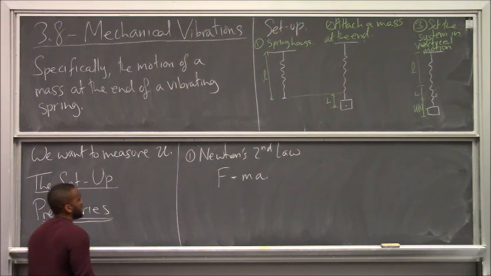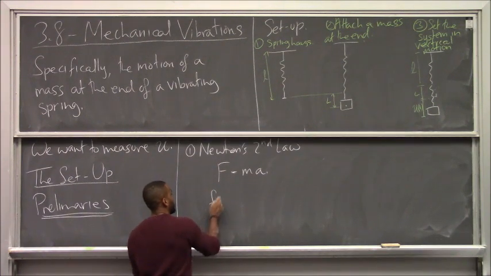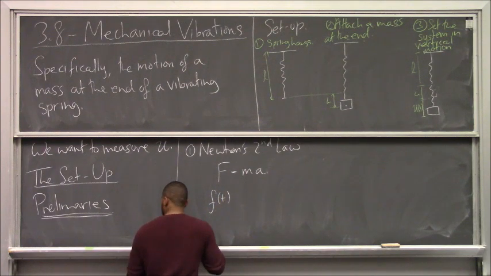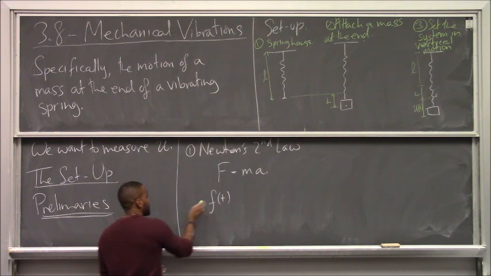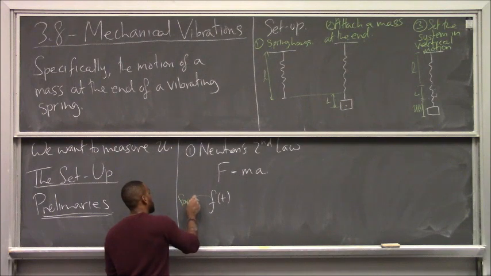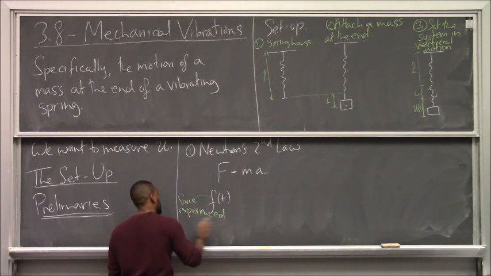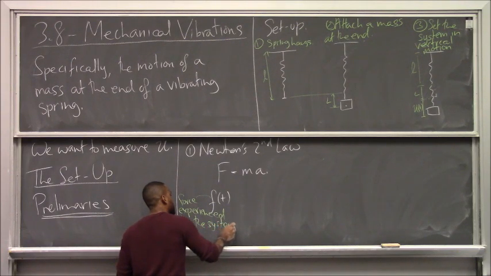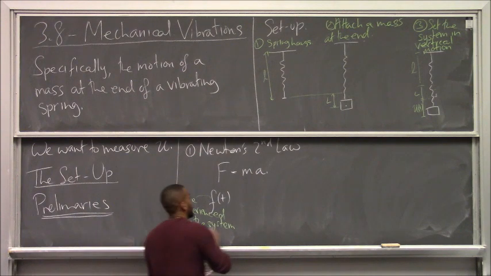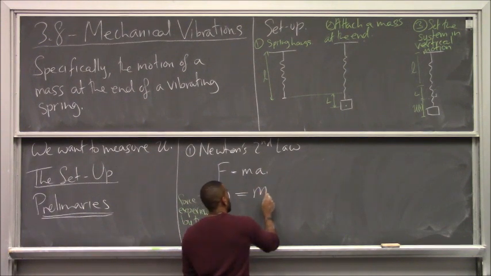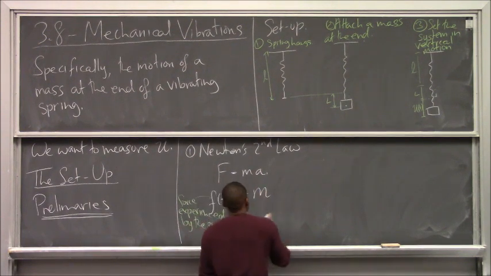So what this is saying is that if I say F of t is the force experienced by the spring system, we can somehow think of this as the mass times the acceleration.